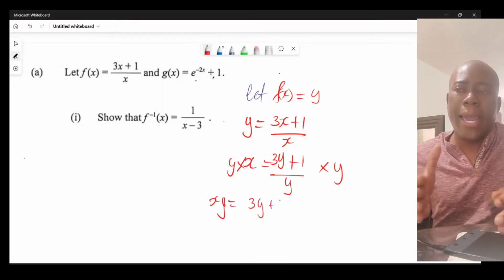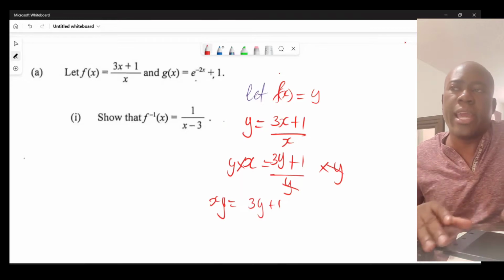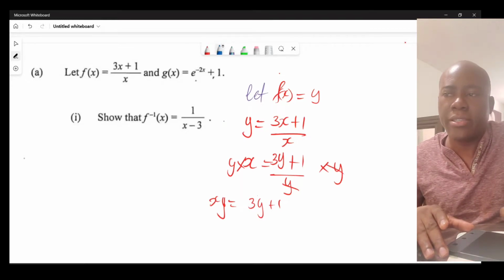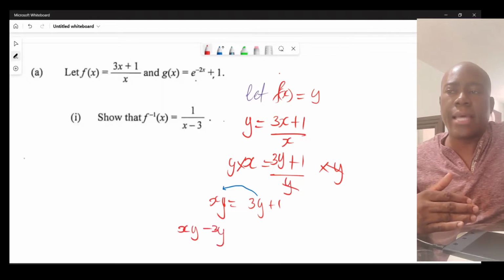I'm going to collect all my y's on one side, so we subtract 3y from both sides, giving xy - 3y equal to 1.